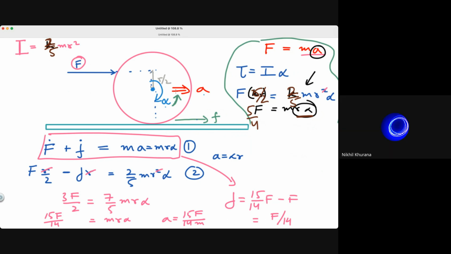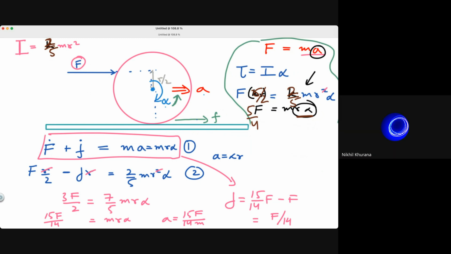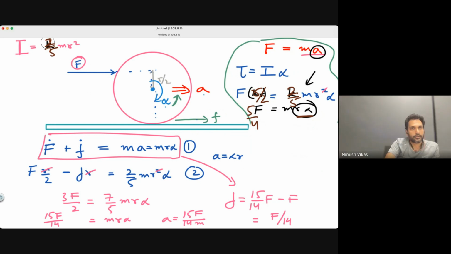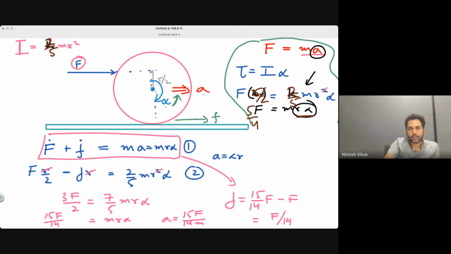So I'm getting confused there as well. Okay, shall I clean and write? No, sir, I've got it because it's 5 by 4 times F. Yeah, alpha was coming more, right? So what was the conclusion? My R alpha was greater than A, right? A was because of F, right?